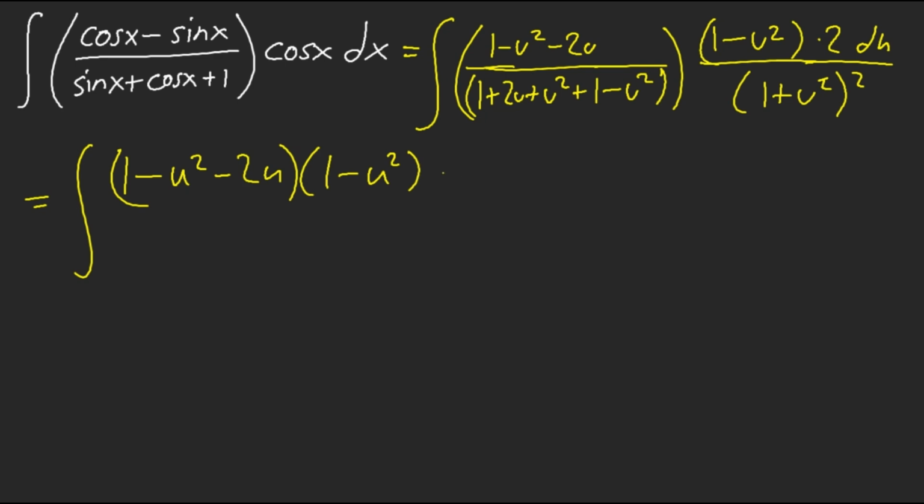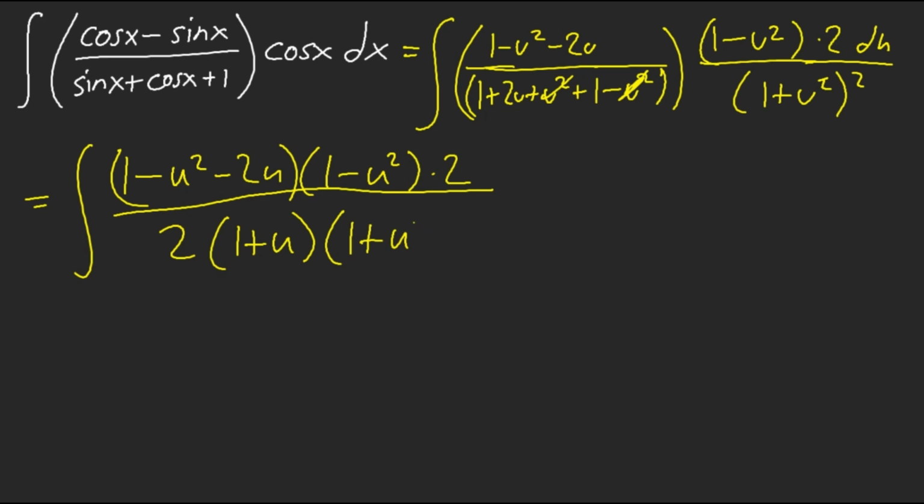And 1 minus u squared times 2. That is a god awful fraction. And then the u squared cancels out, thank goodness. So we have 2, 1 plus u. Alright. Quite nice. 2 cancels out. This 1 plus u can be cancelled from this, so now we have 1 minus u.